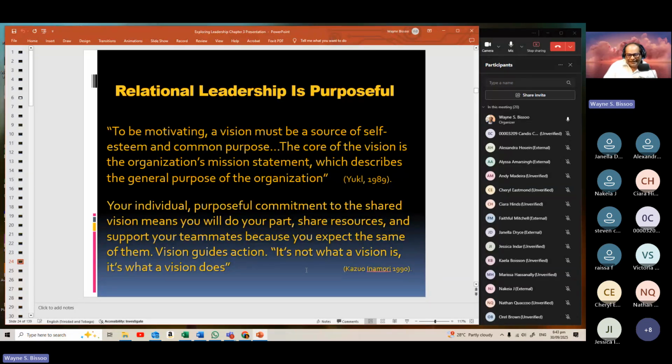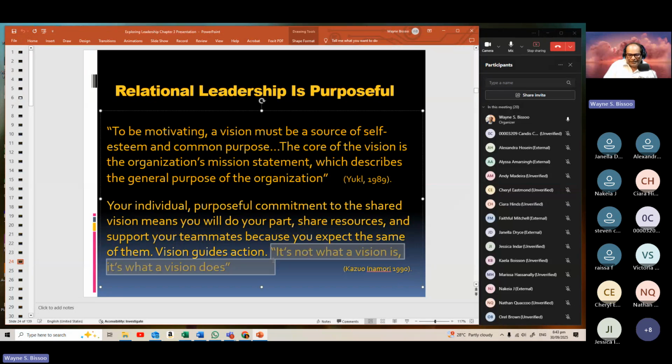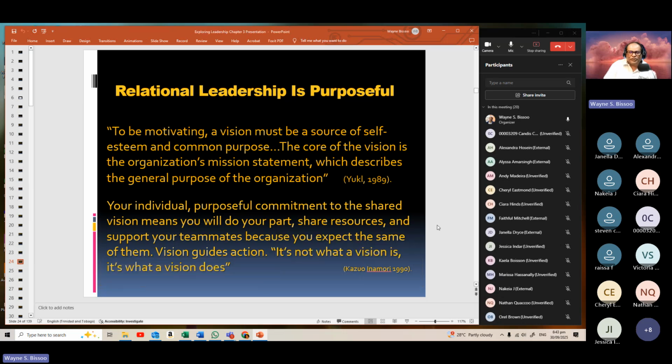All right. It's not what vision is; it's what vision does. That's what I'm talking to here. This last point is what it does to the individuals in the organization, to the members of your team, if they share that idea, if they share in that purpose.